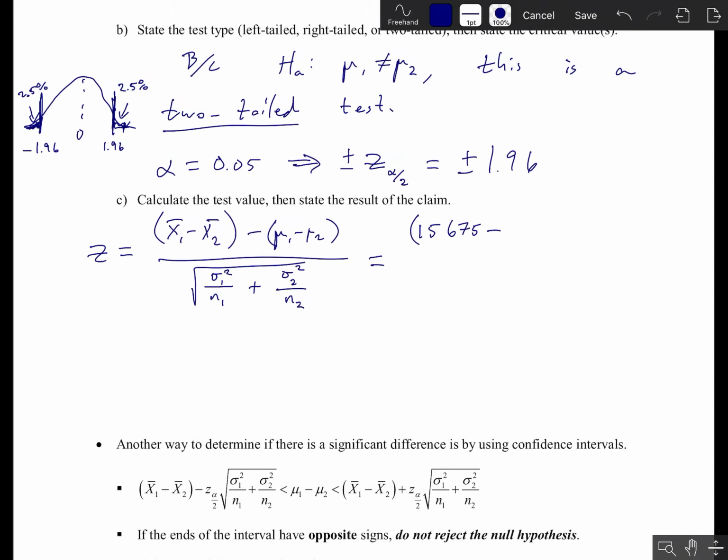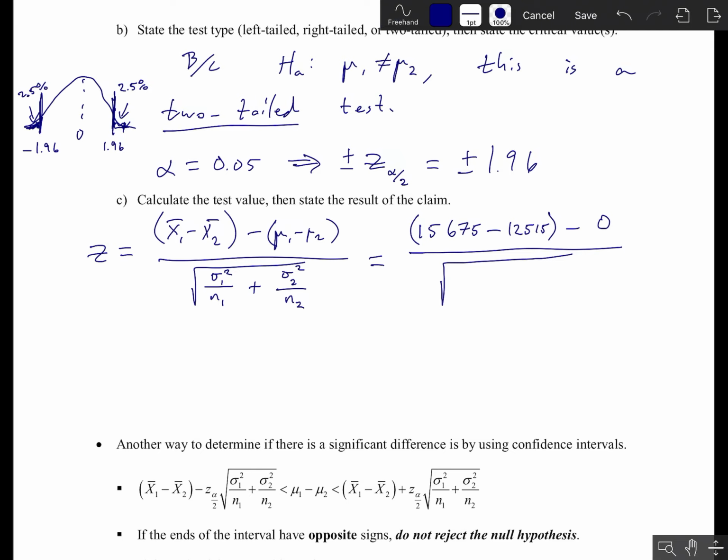The sample mean for our second sample was 12,515. So that was the average 3 years ago, 12,515. And then remember that this quantity, mu1 minus mu2, because we're obeying the null hypothesis for now, that's just going to be 0. So that'll be true in all of these problems. That last term is just 0.